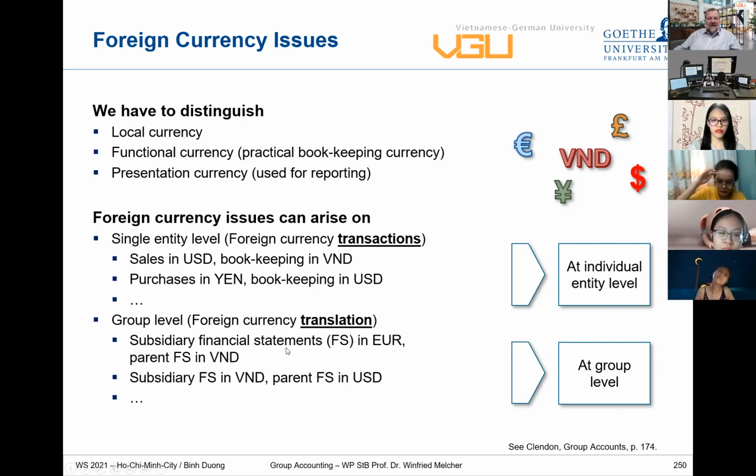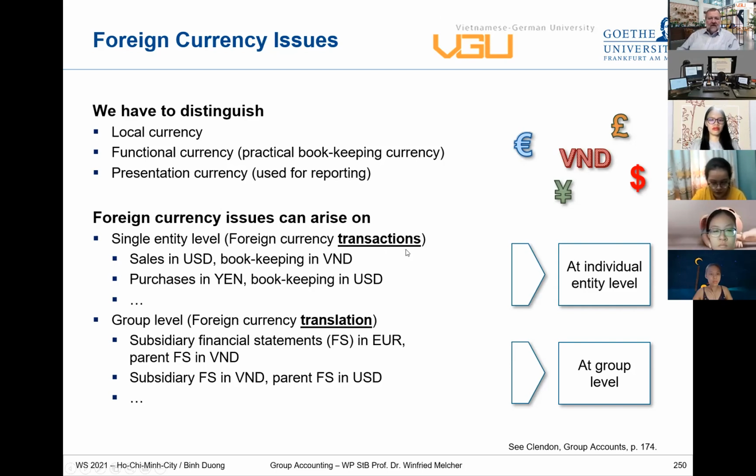And when we are combining different financial statements, so financial statements that were prepared in euro, other subsidiaries prepared their financial statements in dong, other subsidiaries prepared them in yen. So we have a problem of translating those foreign currency financial statements into the reporting currency, and that is the problem. So please do not mix up transactions and translation.